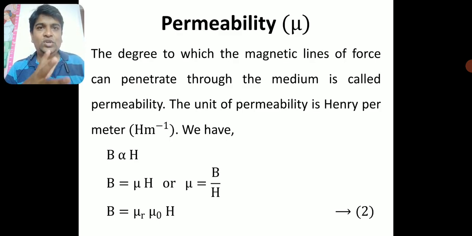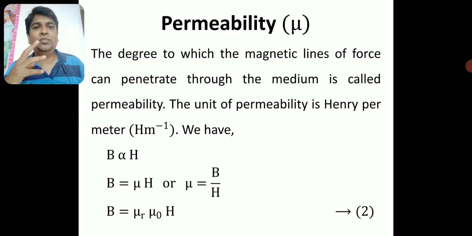If I take a ratio, mu is equal to B by H. Permeability can be defined as the ratio of magnetic induction to the magnetizing force. B is equal to mu R mu naught into H. Mu can be written as mu R into mu naught, where mu R is the relative permeability, and mu naught is the permeability of free space.